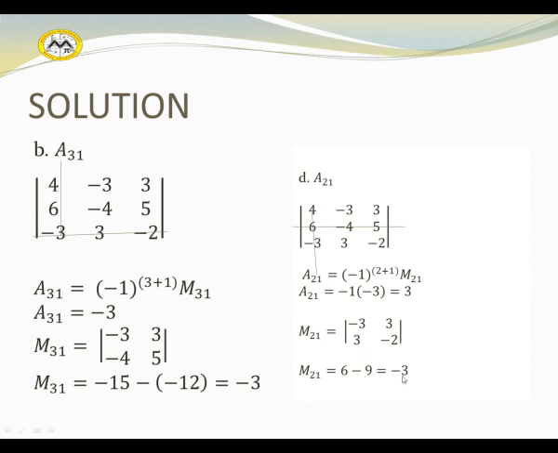So we have 6 minus 9, and that will be negative 3. Now, finding the cofactor is just multiplying by negative 1 raised to the sum of the row and column, 2 plus 1, that will be 3. So negative 1 raised to 3 is negative 1, multiplied by the minor, which is negative 3. So we have negative 1 times negative 3, and that will be positive 3. And this is the cofactor at second row, first column.